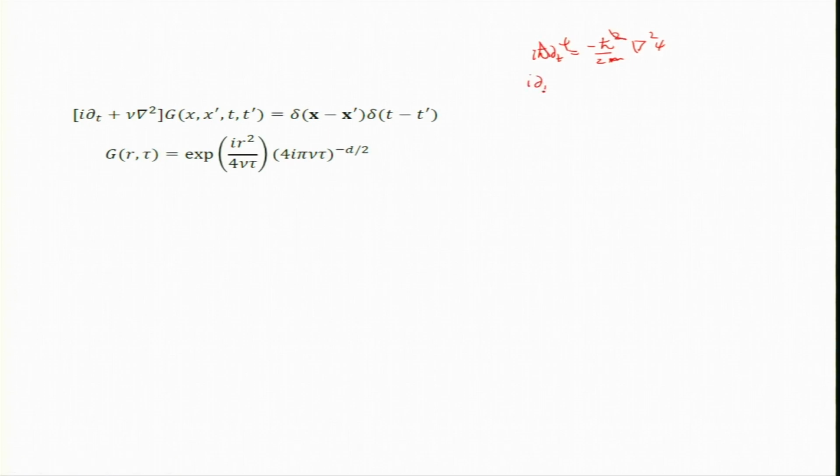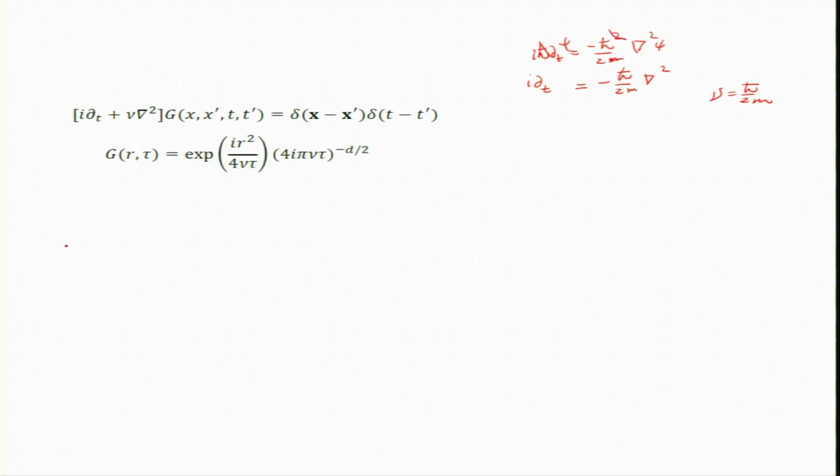So, I get I partial dt equal to minus h bar by 2m Laplacian. So, what is my nu? Compare these two. Nu is h bar by 2m, correct. I need to replace nu by h bar by 2m. So, nu equal to h bar by 2m.